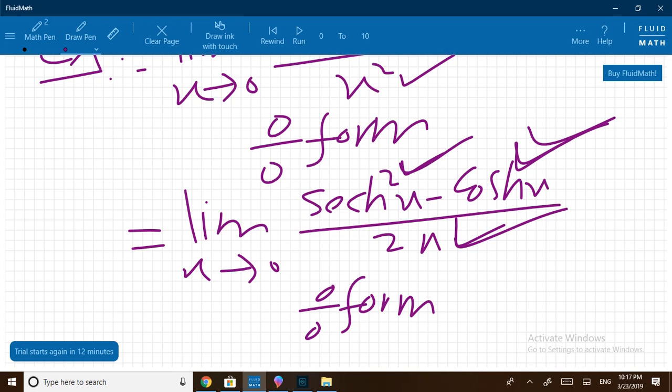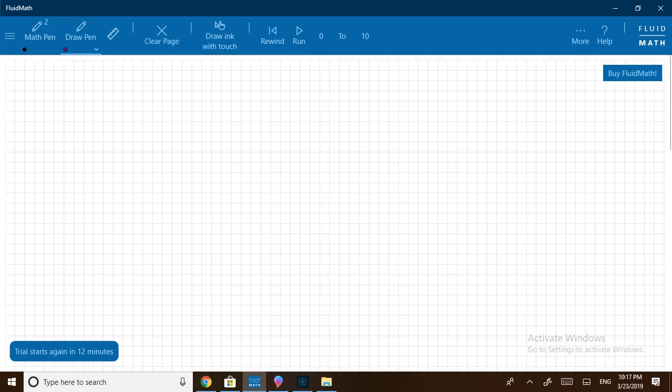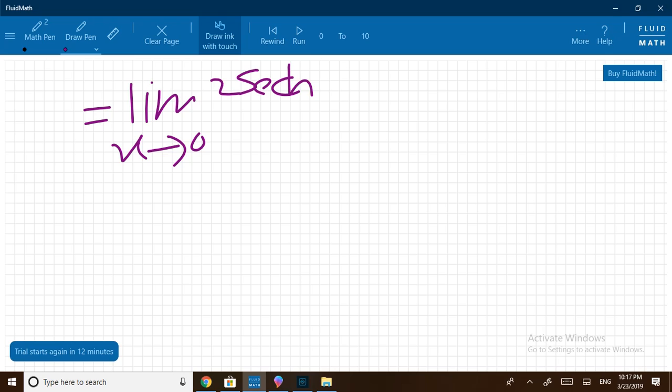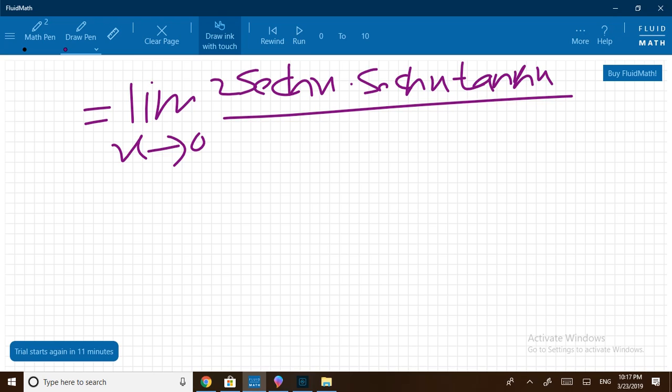So on the next page I am doing it over here. It will be equal to limit x approaches to 0 of 2 sech x and sech x tanh x, divided by the derivative of 2x, and the 2 cancels out with the 2.